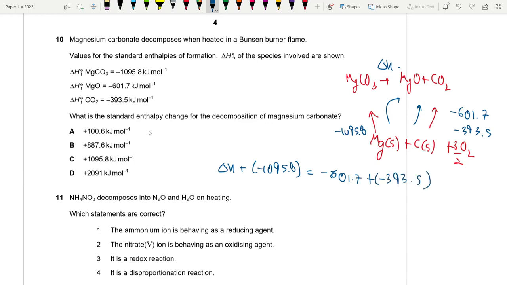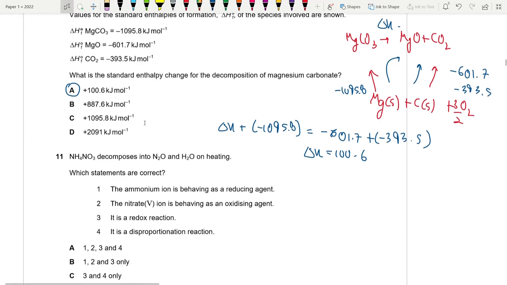There you go. So if you solve this, minus 601.7 minus 393.5 plus 1095.8 gives us an answer of 100.6. Alright, so I'm going to go with 10A. 100.6, that's that.